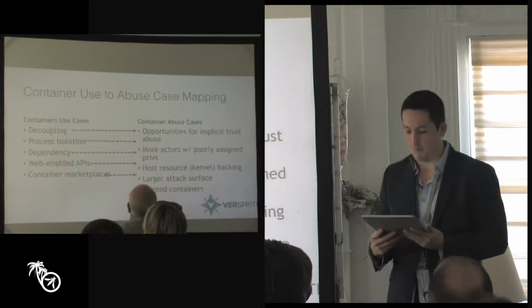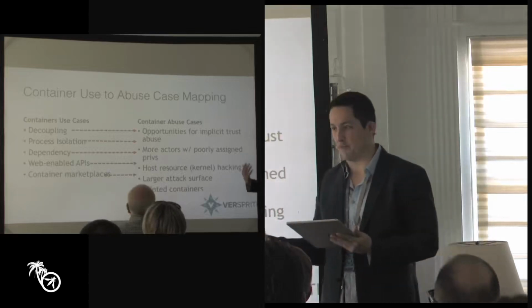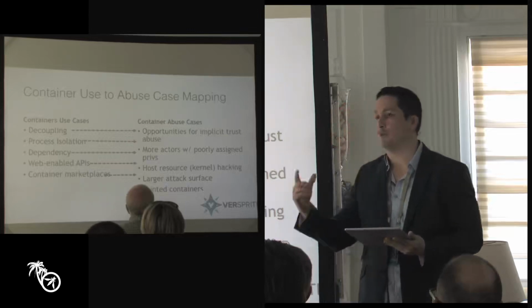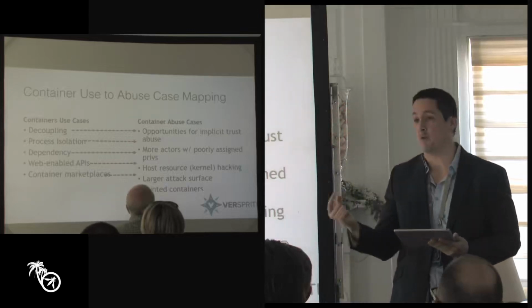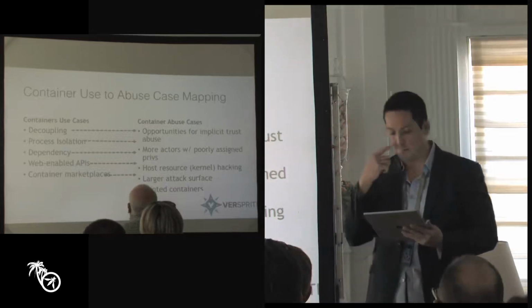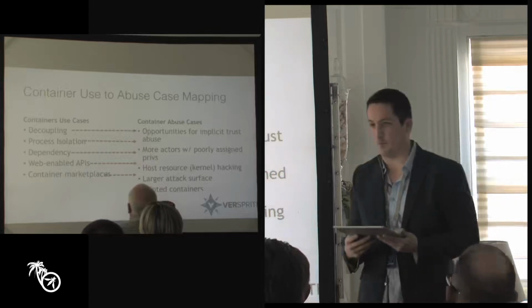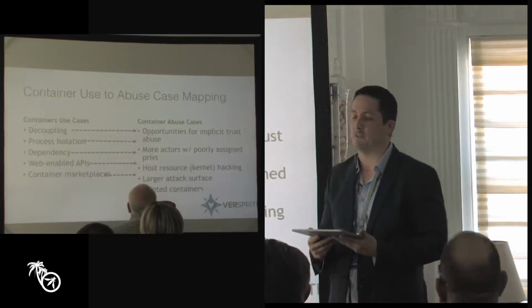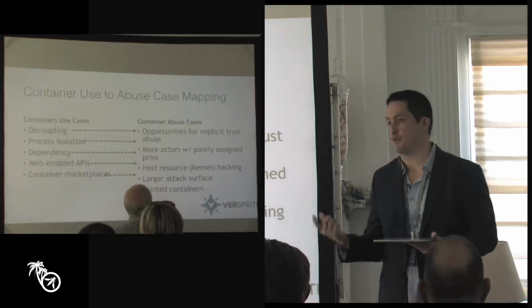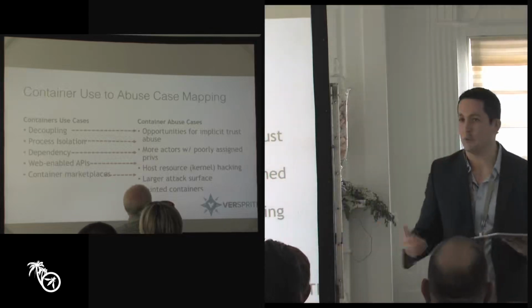So what we're trying to exemplify here is that there are use cases that exist within your application container that can be looked at to see what abuse cases we can do, if any. Dependency: there's an inherent dependency on the host resource, and it's long been known that containers run with elevated privileges, UID 0, which means root.